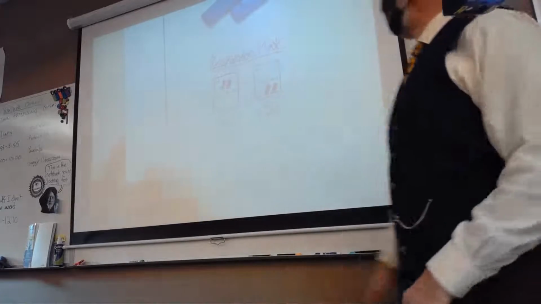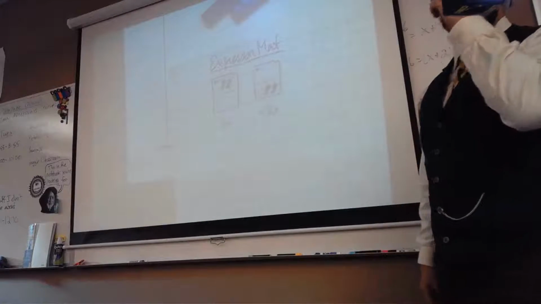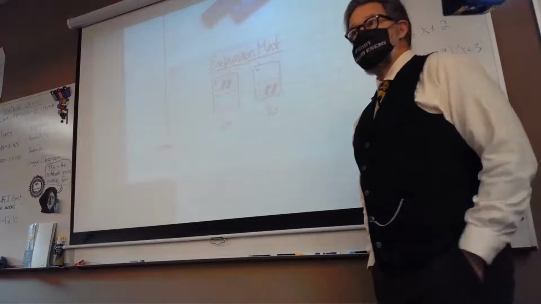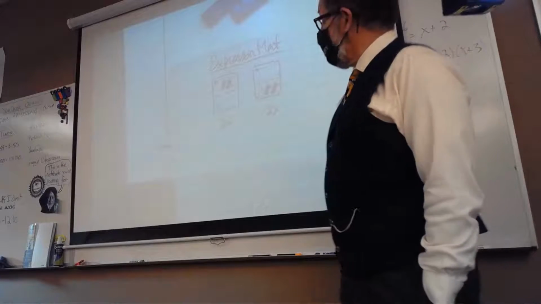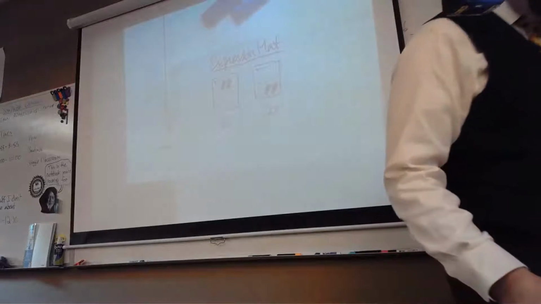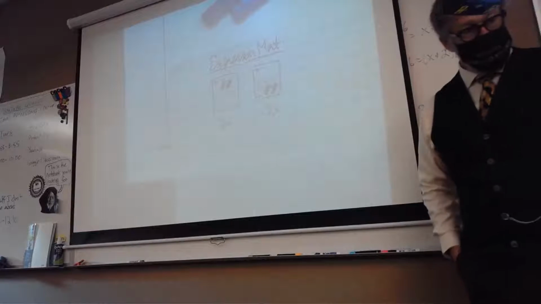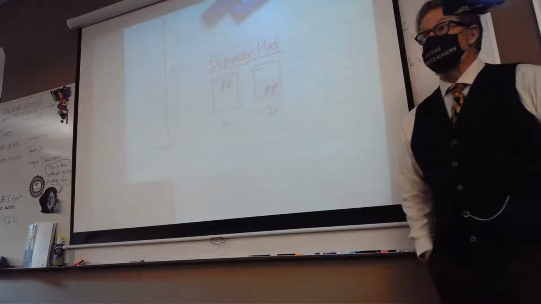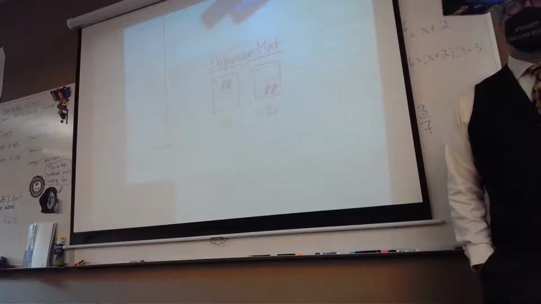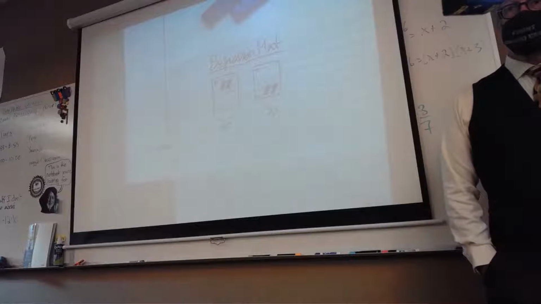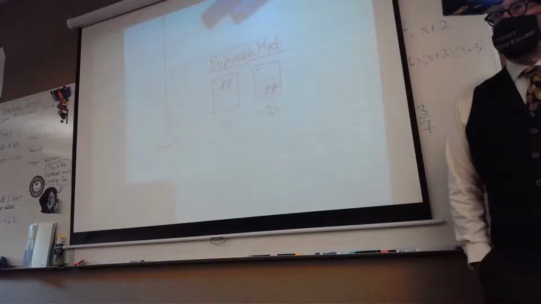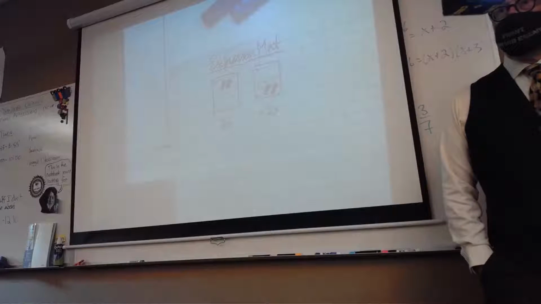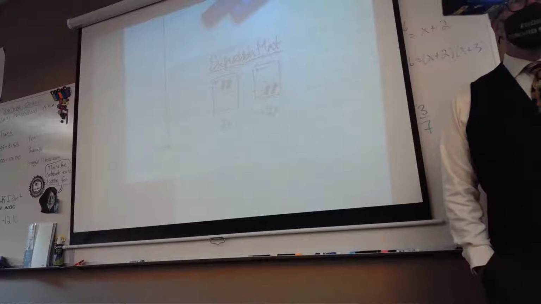Write the words expression mat right above it, just to remind yourself that this is what we're talking about here and why we're putting it. Ten more seconds. Everybody should be done.